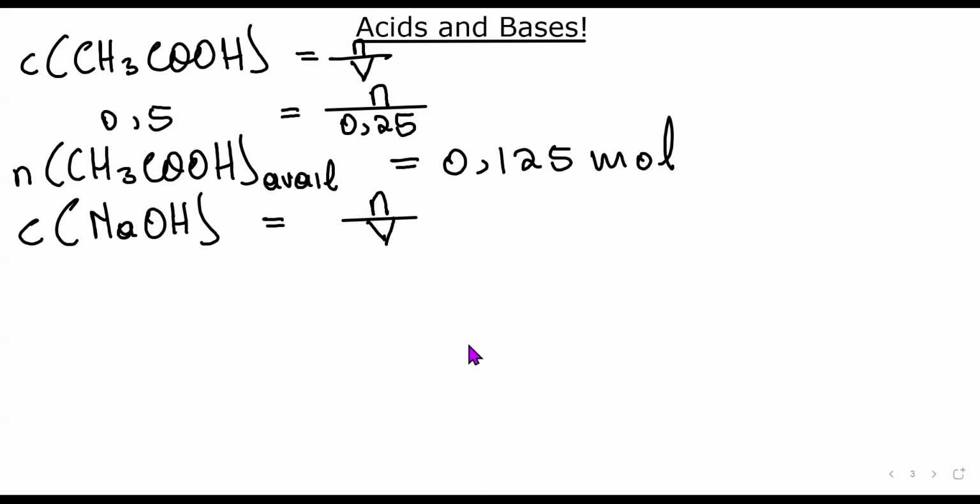Then we say, well, the concentration of sodium hydroxide is 0.968, and the volume of sodium hydroxide is 25 cubic centimeters, which if we divide by 1,000 will give us 0.025.